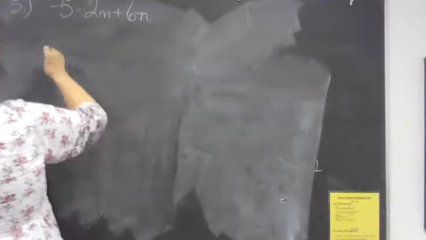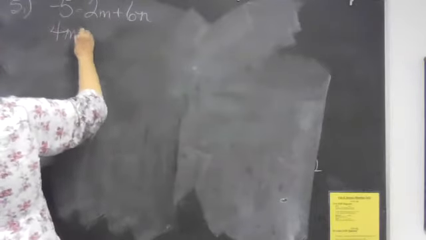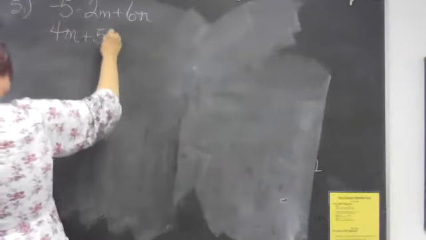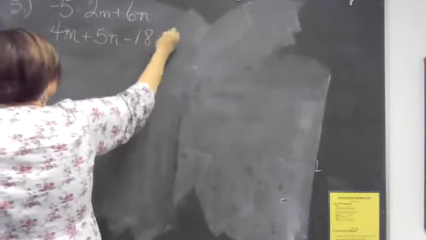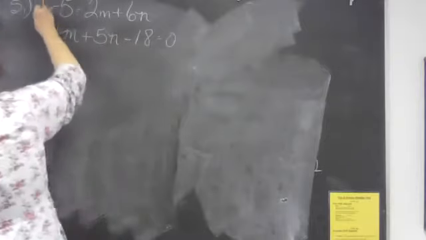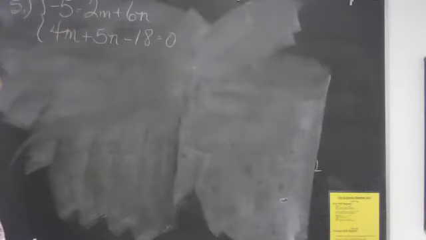Same thing. 4m plus 5m minus 18 equals 0. Now, sometimes you'll see a system with the bracket. It doesn't have to have the bracket to be a system. They will tell you in the instructions if it's a system. But if you see the brackets, that means the same thing.